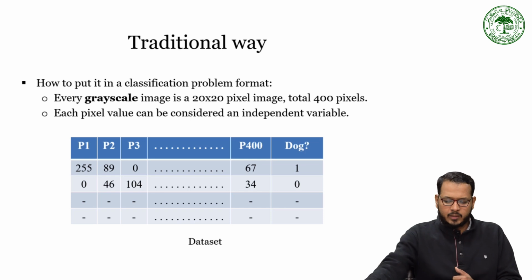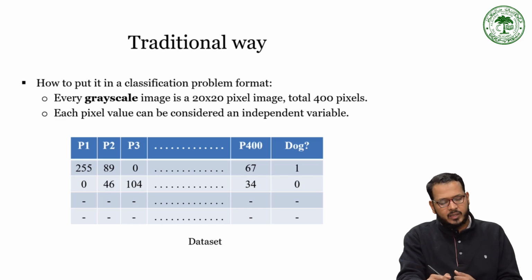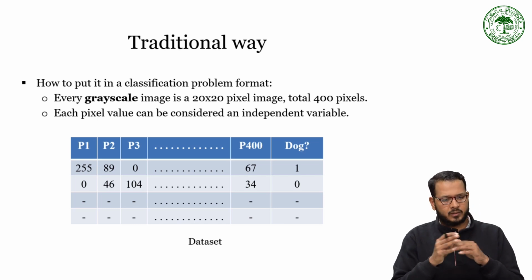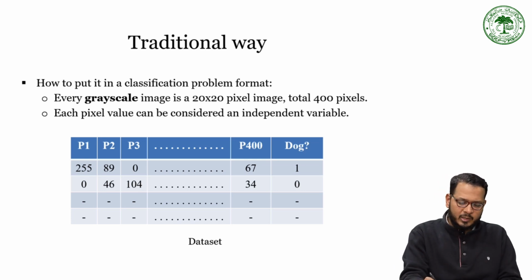As we know, any image could be either a grayscale image or a colored image. Let's assume that the data set of images that we have is of 20 by 20 pixel images.